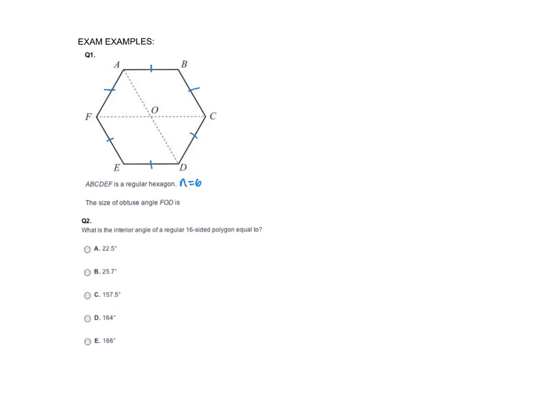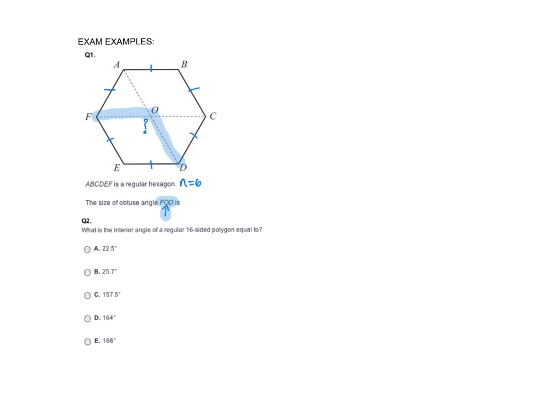So what is the size of the obtuse angle FOD? When you see this FOD, what they actually want is the angle in the middle. So you're going F, O, D. So this bit is the question. Whatever letter's in the middle is the question, all right?